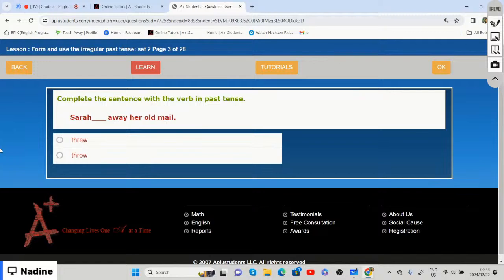And if we choose the correct one, we will say Sarah threw away her old mail, because threw is the past tense of throw.